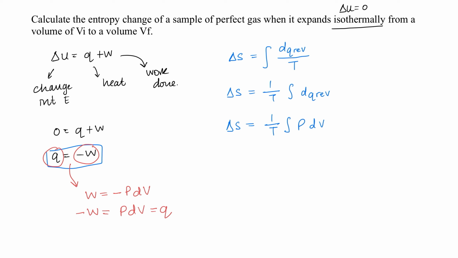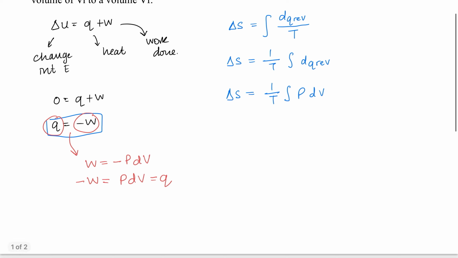Now, we can bring in the ideal gas law to rewrite P in terms of V. From the ideal gas law, we know that PV is equal to nRT. So P is equal to nRT over V. So we can rewrite that.